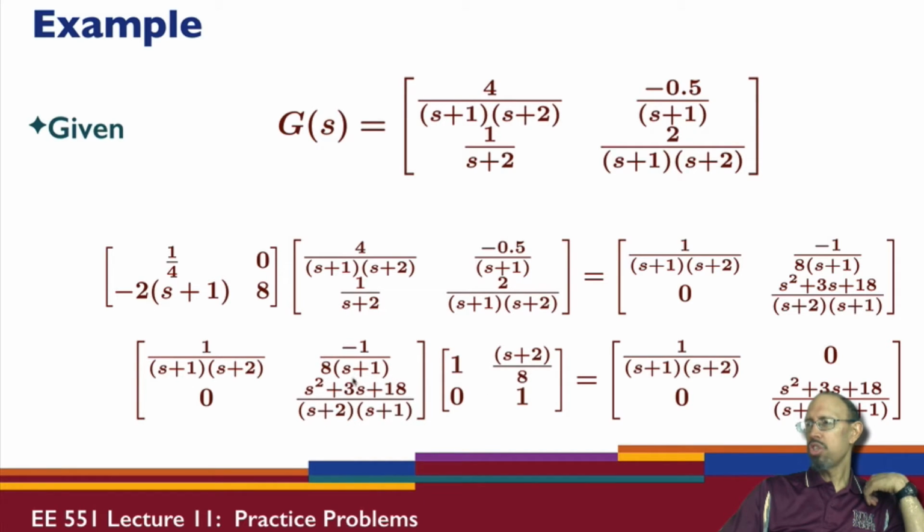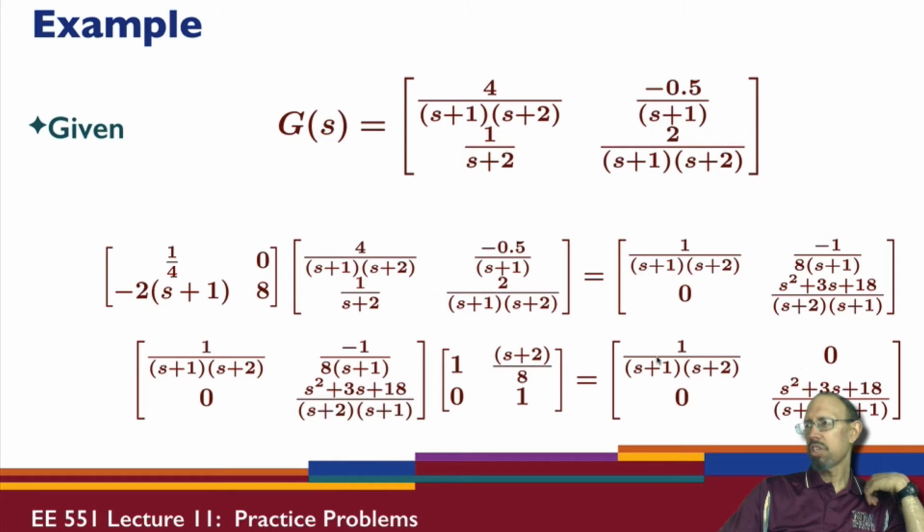When I multiply these 2 guys together, now why do I choose it? This one basically keeps that column the same. Now this column is used so that when I multiply this row times that column, it gives me 0 here.